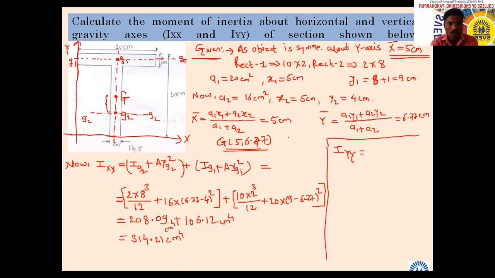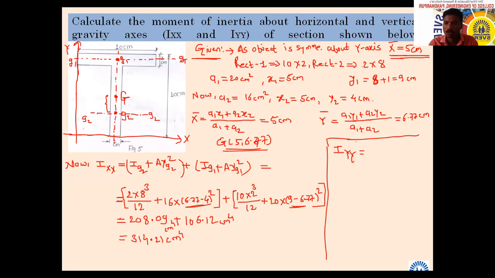Now, while calculating I-XX, we have taken difference between y coordinates. असं म्हणूया का आपण सेंट्रॉइडच्या y coordinate मधला difference आपण वापरला आहे. Is it correct here? Yes sir.